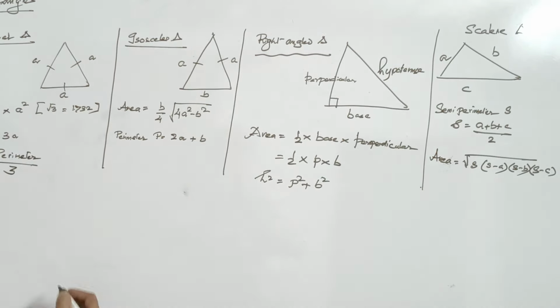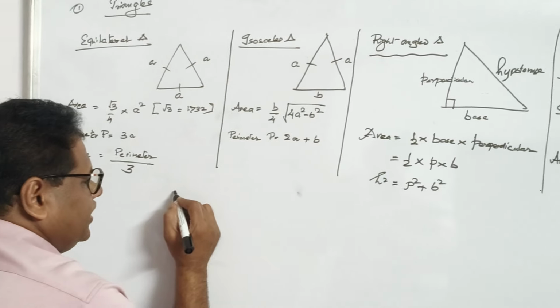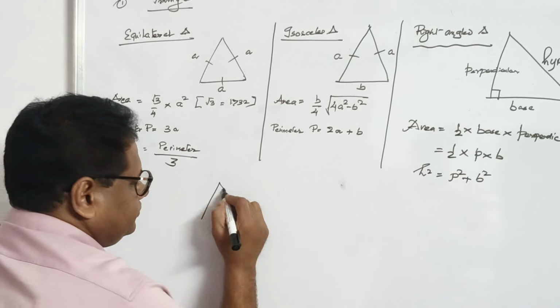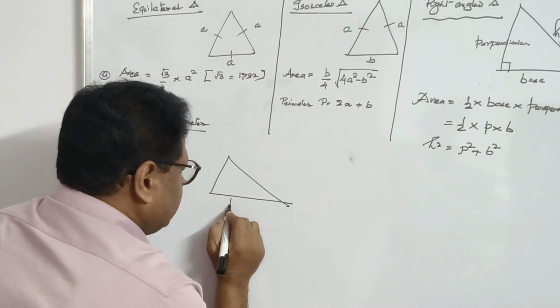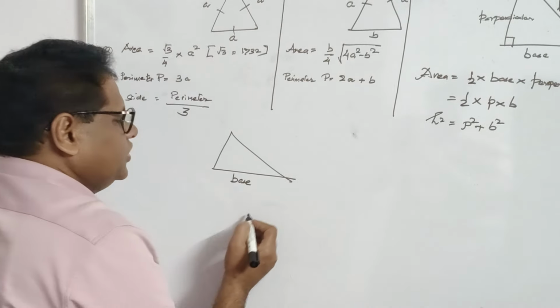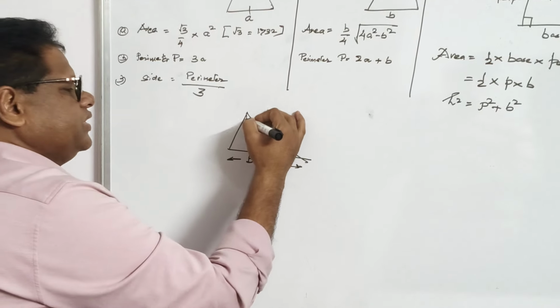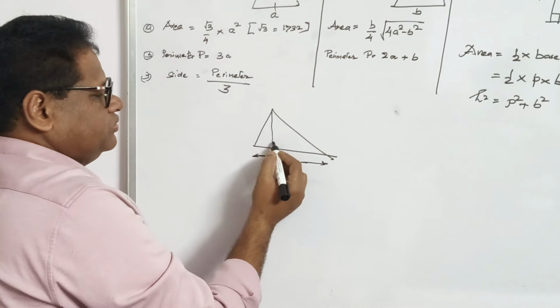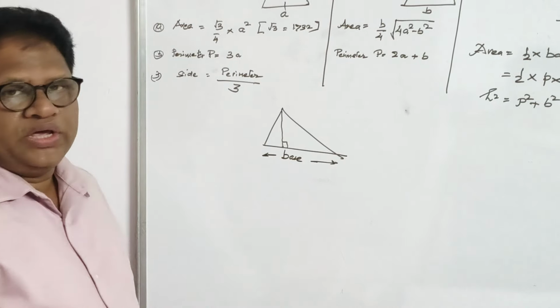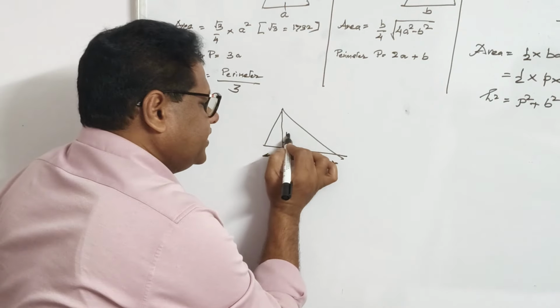Now we are coming to a triangle in which the base is given to you from here to here, and the length of the altitude is given to you. This is the altitude, the perpendicular. Let us take this as the height.